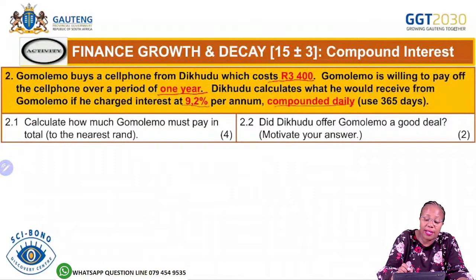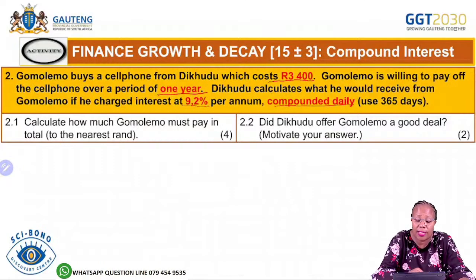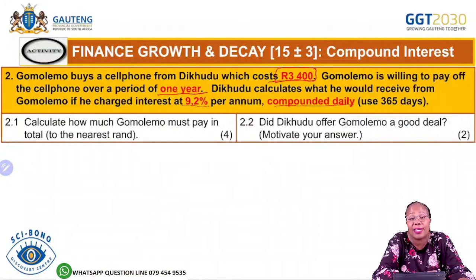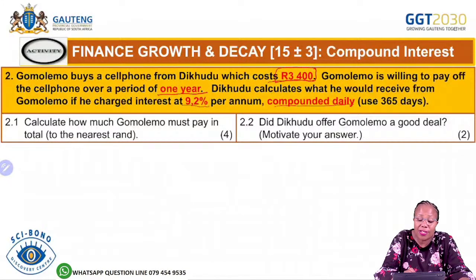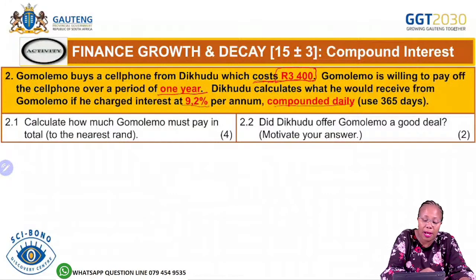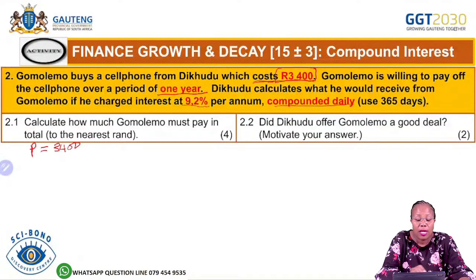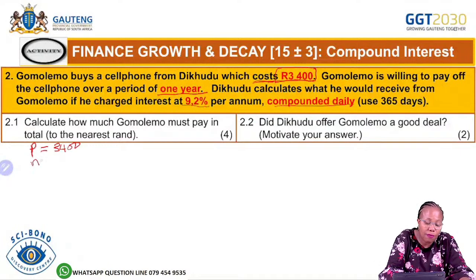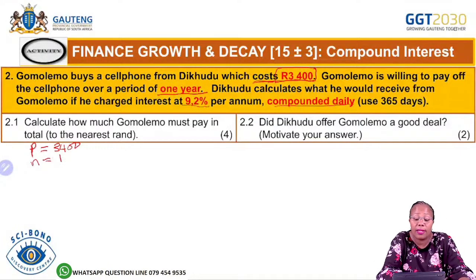Okay, and then now let's try collecting our data, grade 12. You must be able to identify this 3,400 is the value of what? Because it's the cost, that means it's the initial price of that cell phone. Therefore, it will be a principal amount. Initial price, principal amount. Then our P will be equal to 3,400. Okay? And then now for a period, n is 1 year.